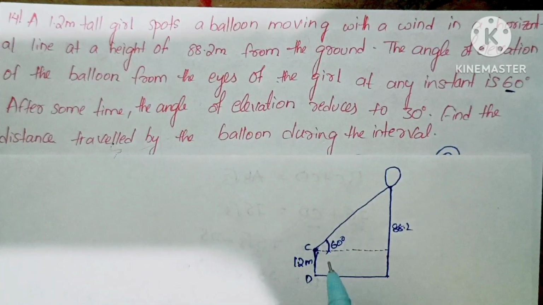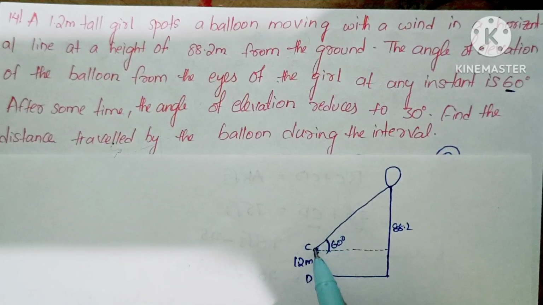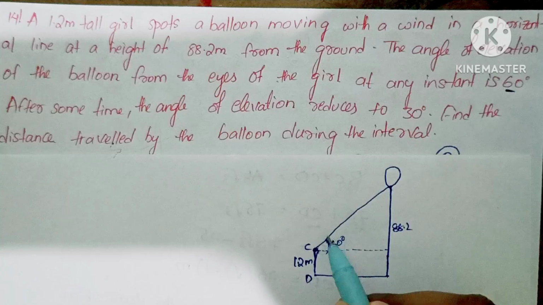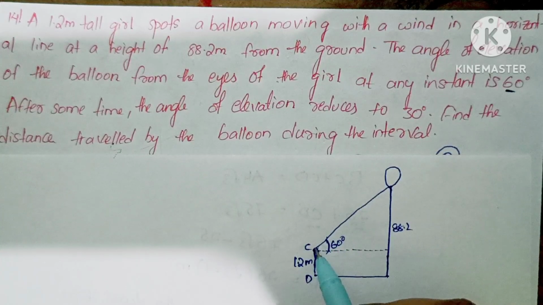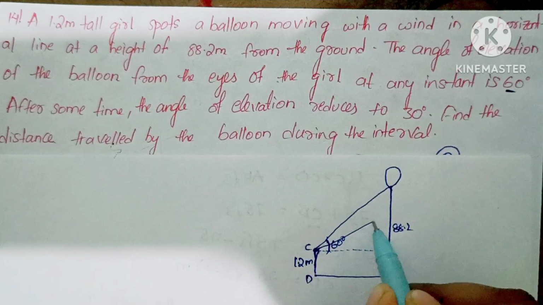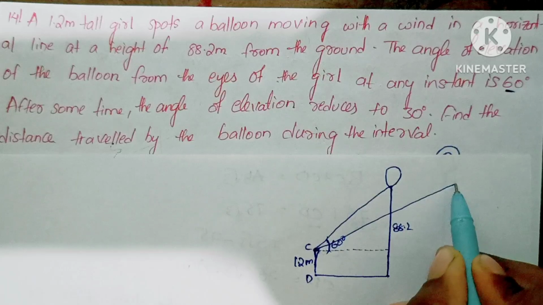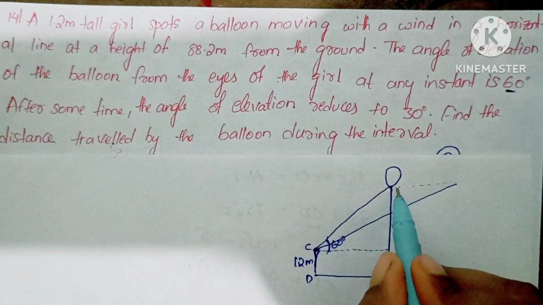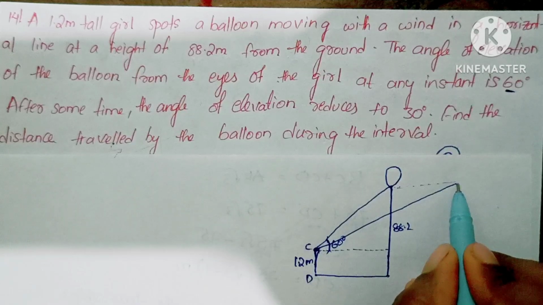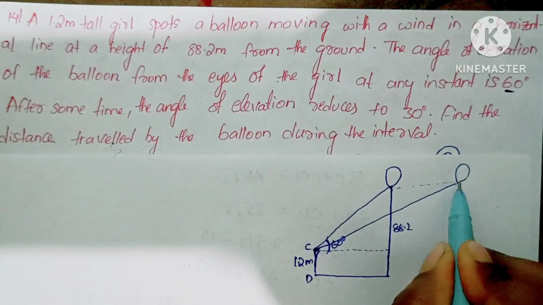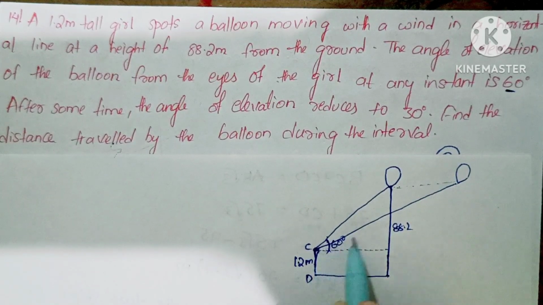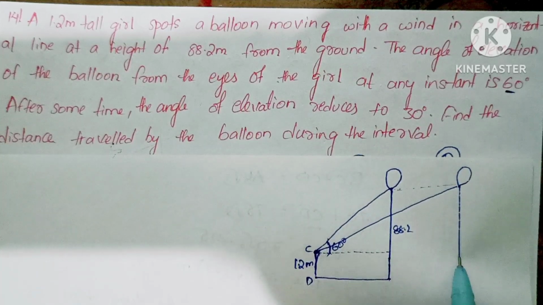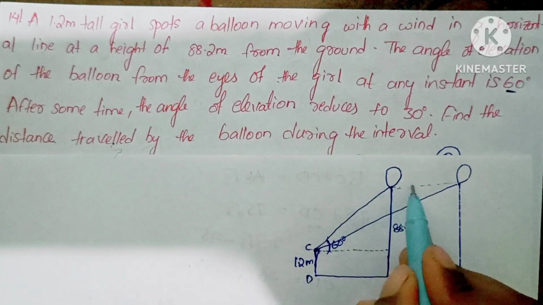After some time the angle of elevation reduces to 30 degrees, meaning it was 60 degrees, right? So it was reduced to 30 degrees because the balloon traveled some distance. It went a little far, that's why the angle decreased. Here also the balloon is at the same height, moving in a straight line.